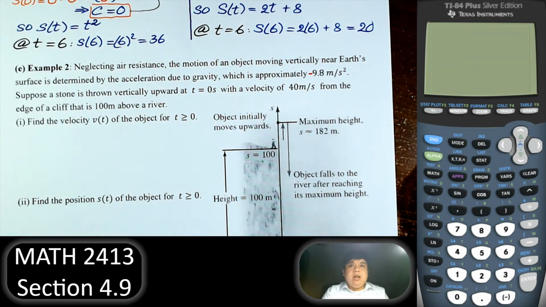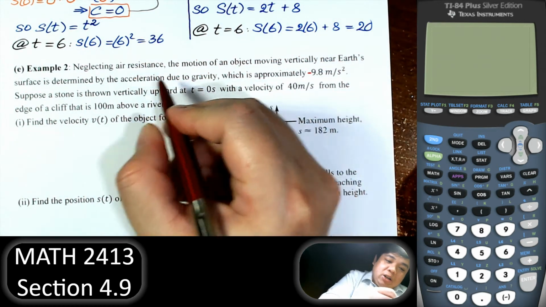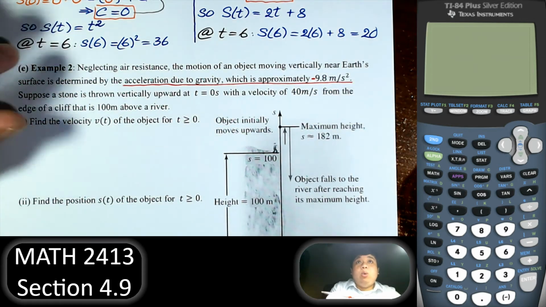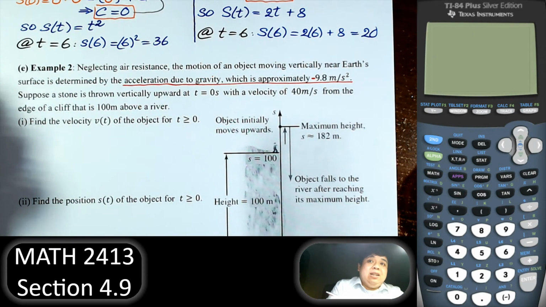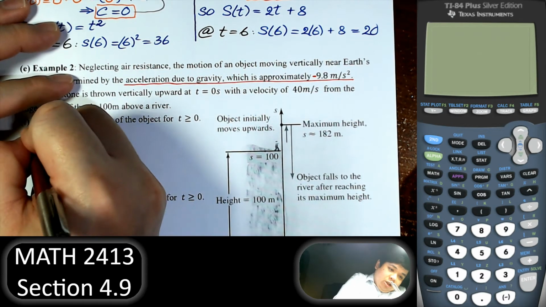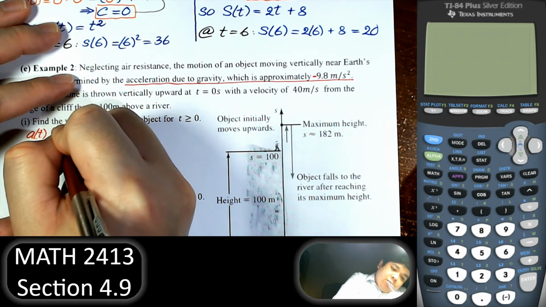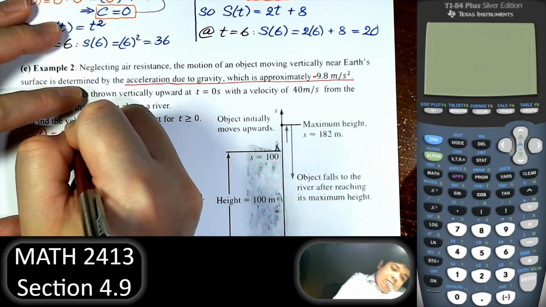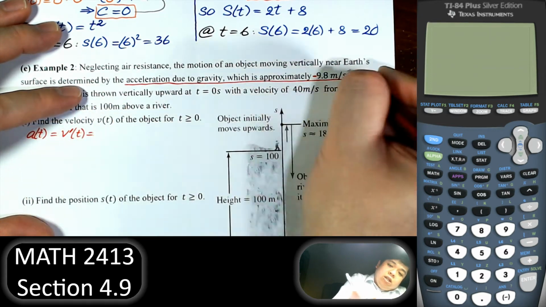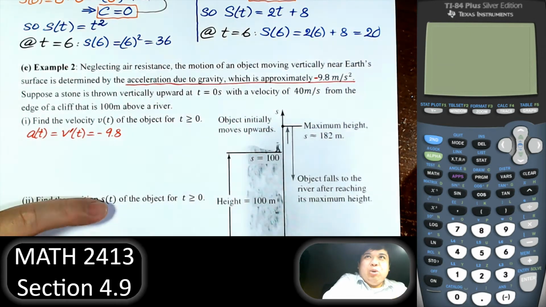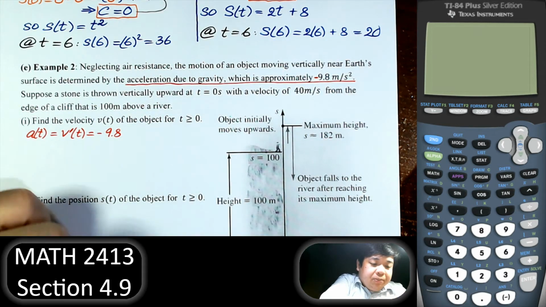Right, let's just write velocity. We start with acceleration being the derivative of velocity, which is negative 9.8. Let's forget the unit; we write the unit later.